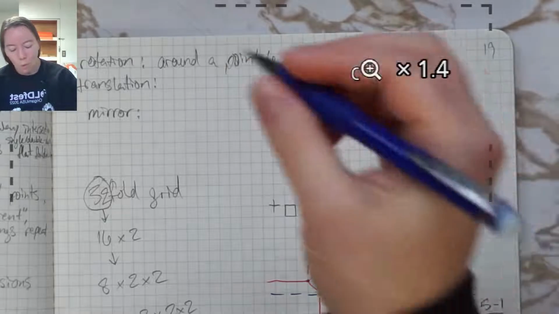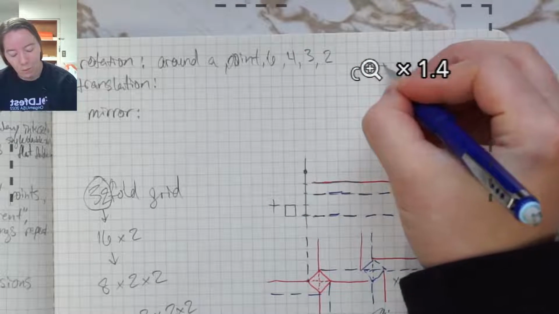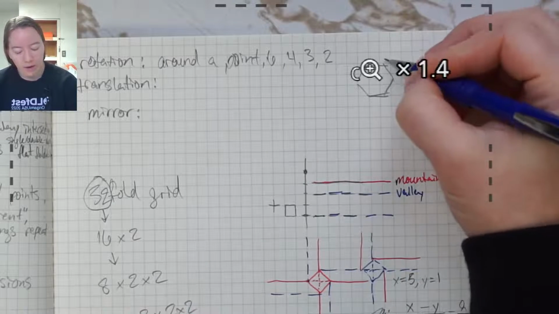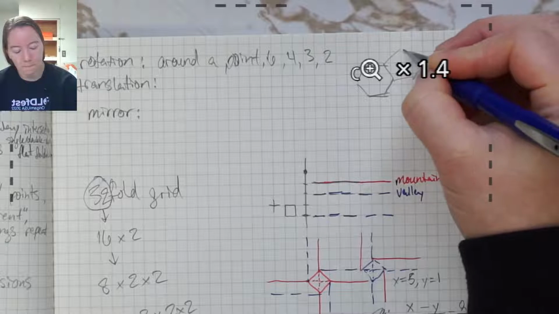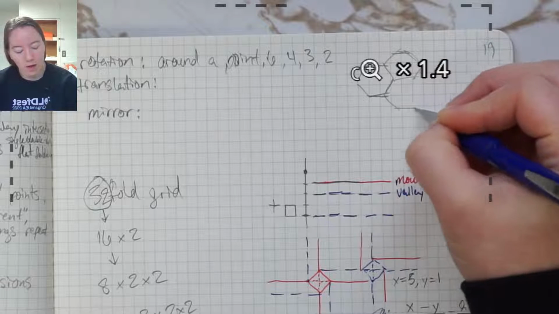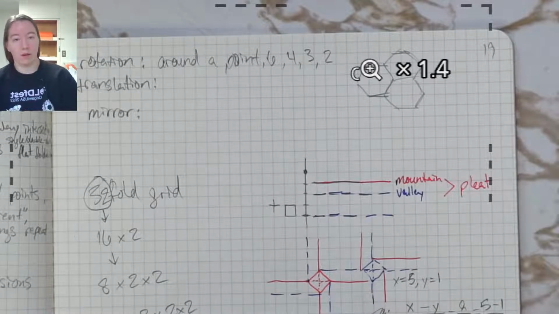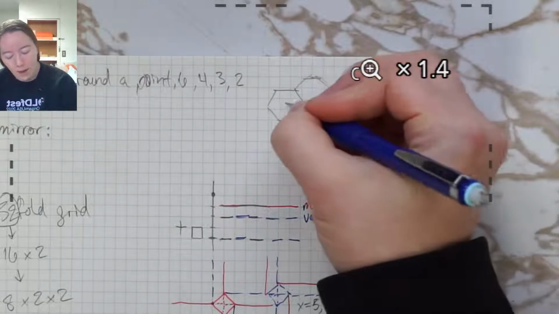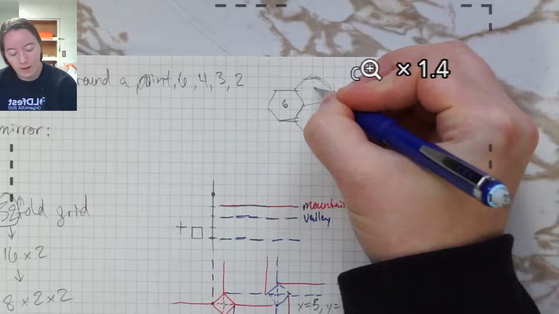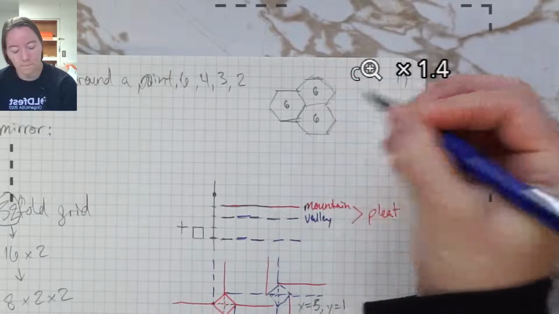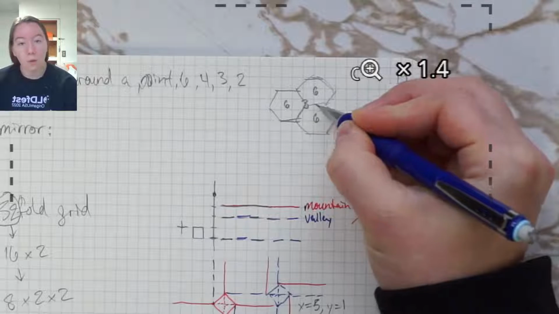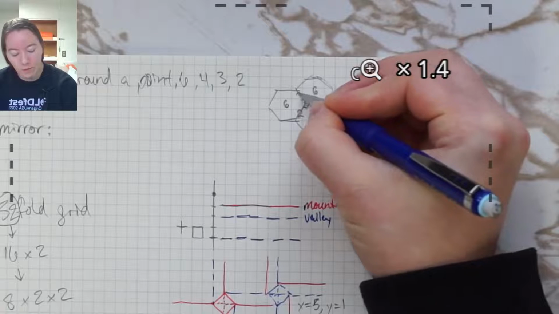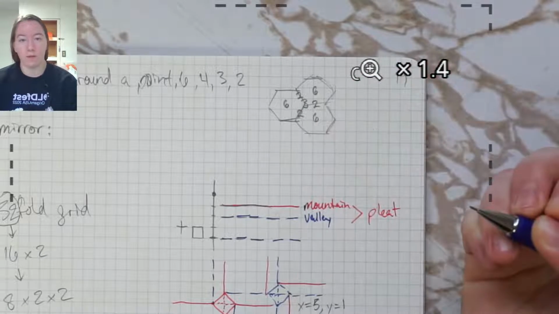And what we have here is these symmetries define shapes and how they connect together. So if I've got a collection of hexagons here, and let's pretend that this collection of hexagons keeps going forever, then I've got a sixfold point in the center of each hexagon, a threefold point where three hexagons come together, and a twofold point between pairs of hexagons.